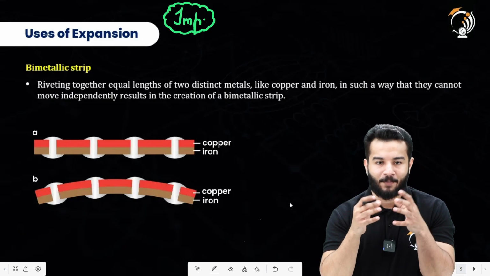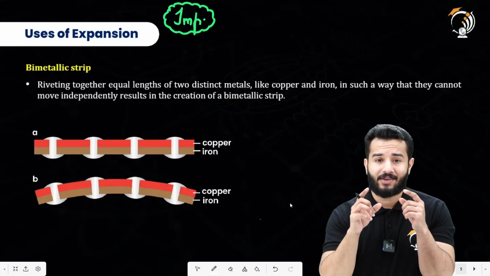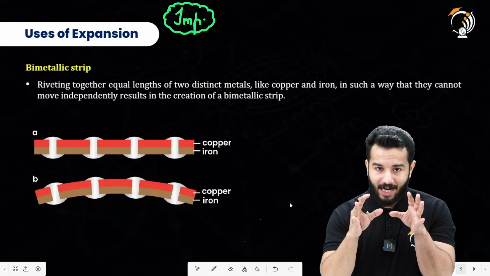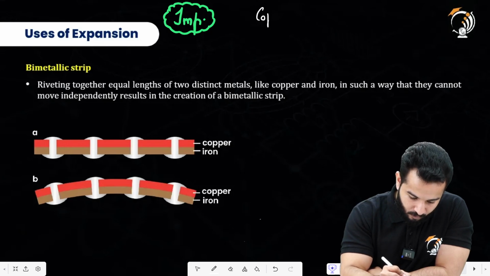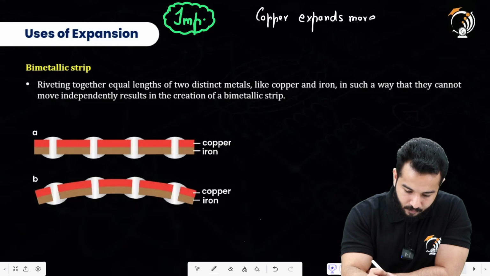Now what will happen? Copper and iron are obviously different materials, so they will react differently to a change in temperature. And the fact is that copper expands more than iron.